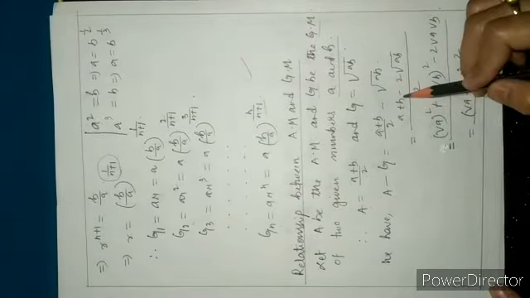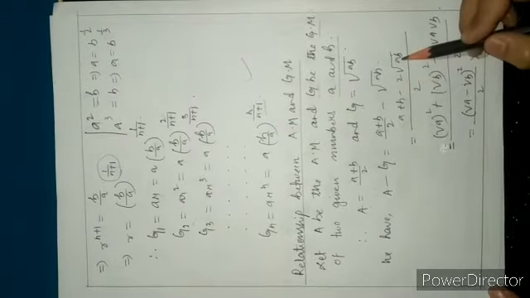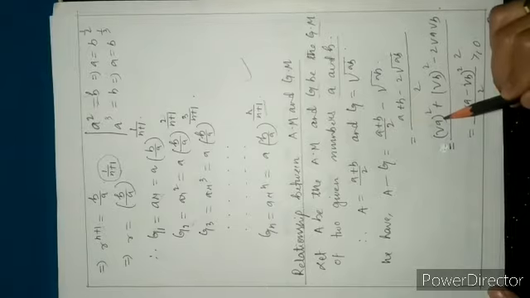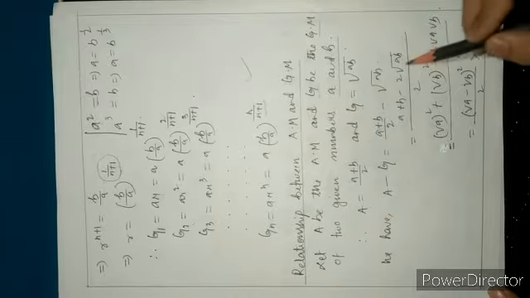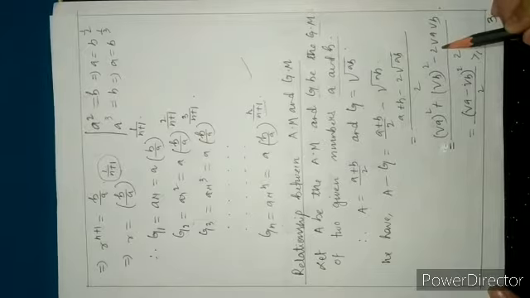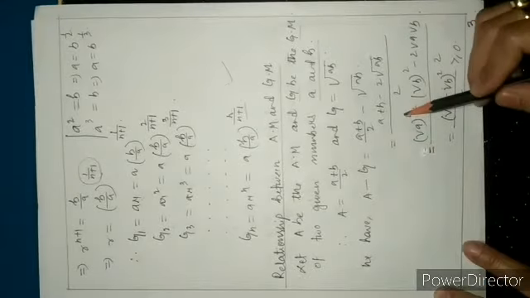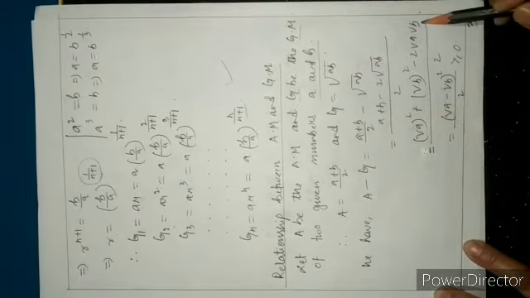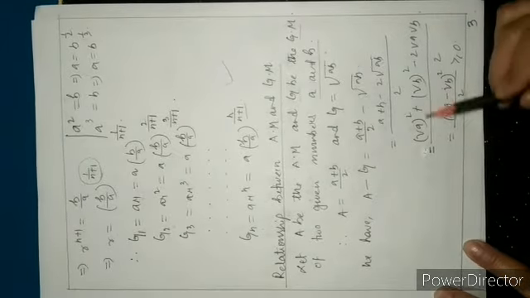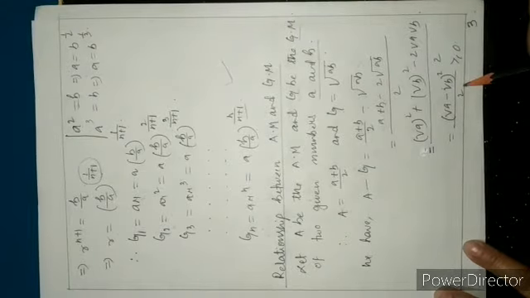Taking the LCM 2, we get a plus b minus 2 times root over ab, all divided by 2. Here a can be expressed as root a whole square, b as root b whole square, and the product root ab as root a into root b. So the numerator is root a square plus root b square minus 2 times root a into root b, which by the formula is root a minus root b whole square, divided by 2.